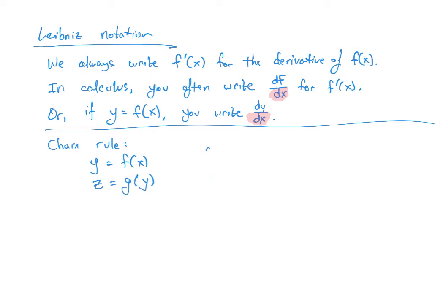Now our version of the chain rule is that the derivative of g of f at x is the derivative of g at f of x times the derivative of f at x.